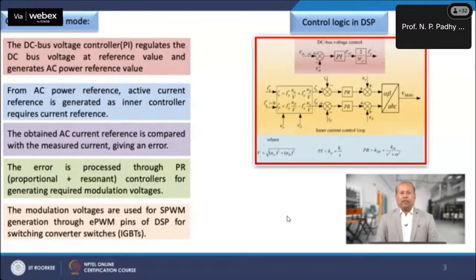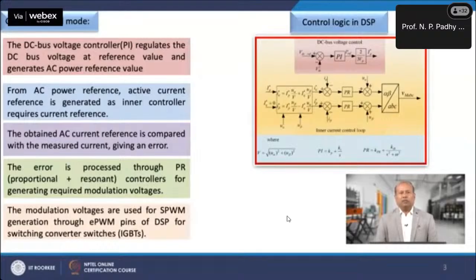The obtained AC current reference is converted to the stationary reference frame. This current reference is compared with the measured current, which normally gives an error. The error is processed through proportional plus resonant controllers for generating the required modulation voltages.